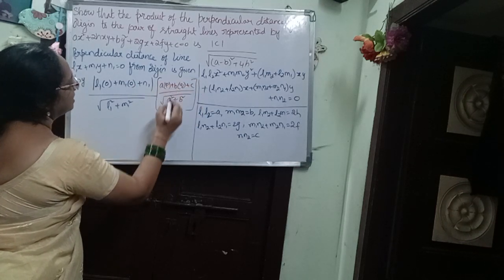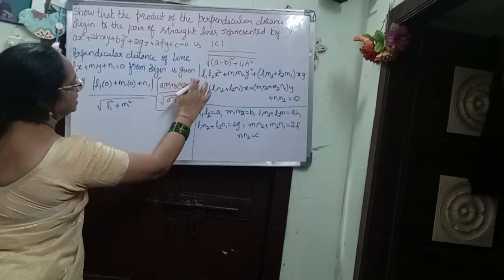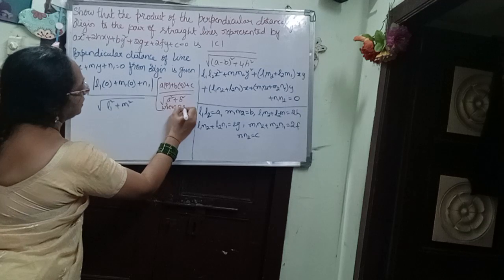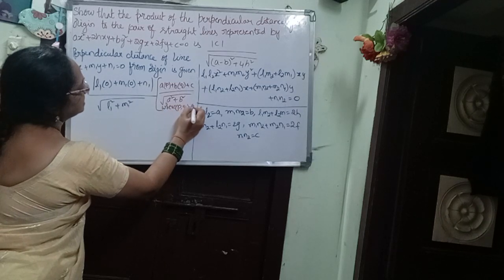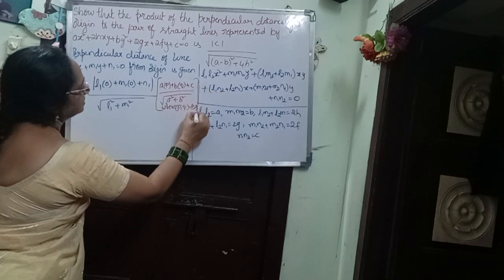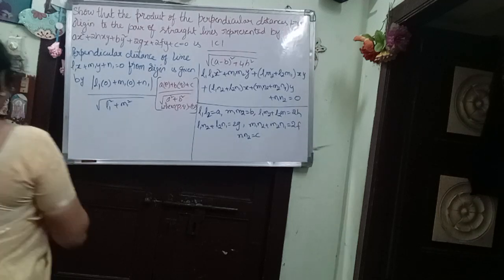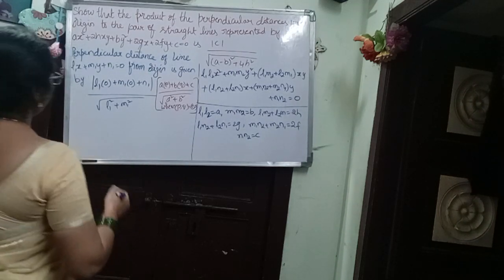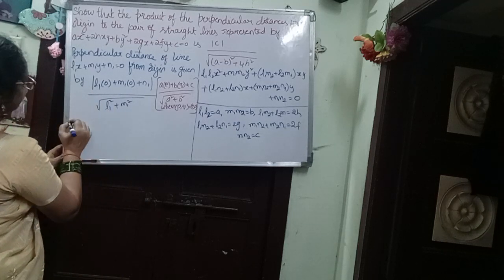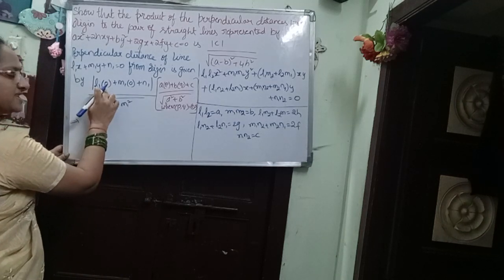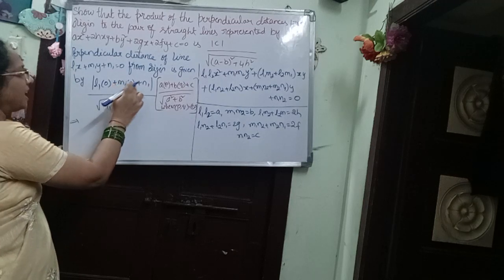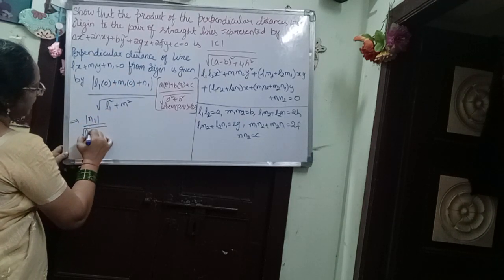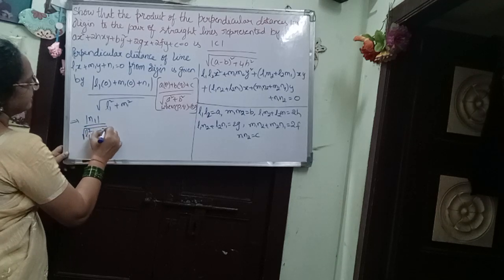This is the formula, where p comma q is equal to the origin, that is 0 comma 0. So last what you will get: L1 into 0 is 0, M1 into 0 is 0 and N1 is left. So mod N1 by root of L1 square plus M1 square.